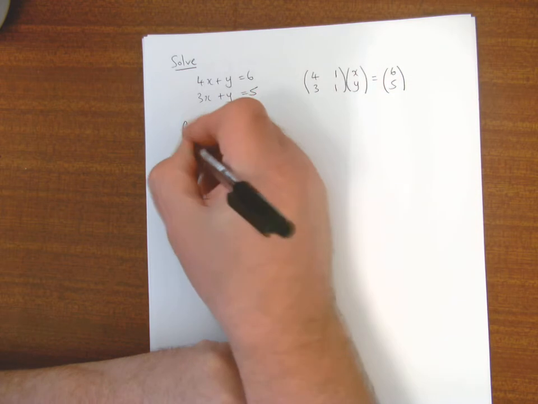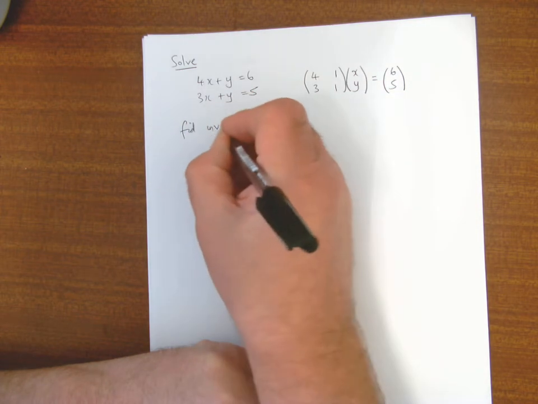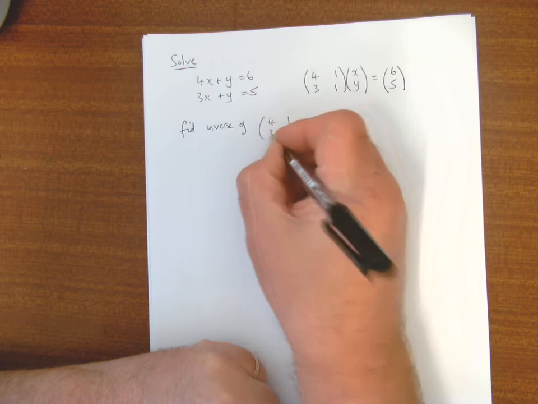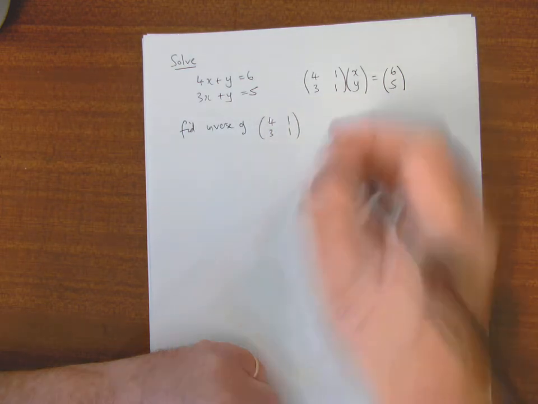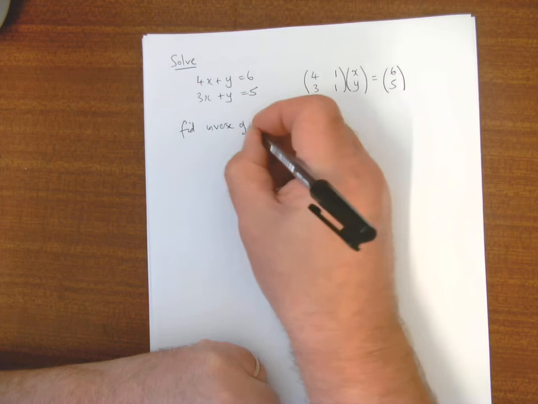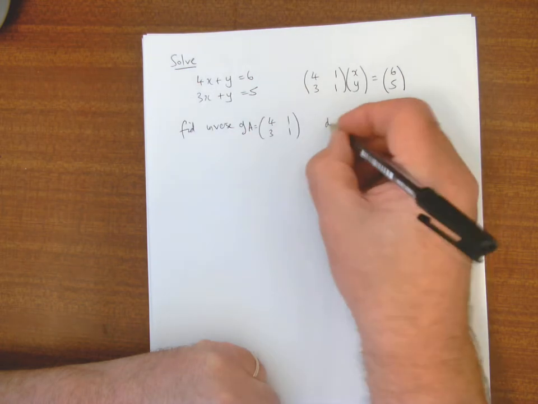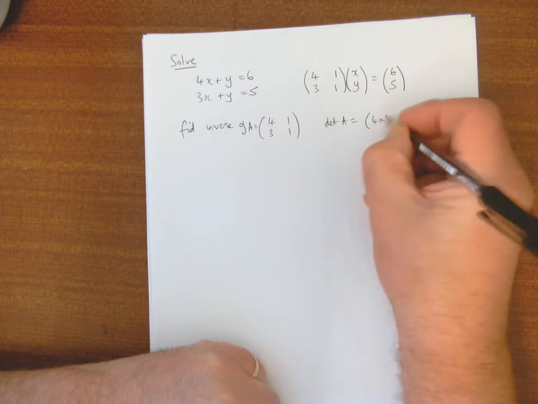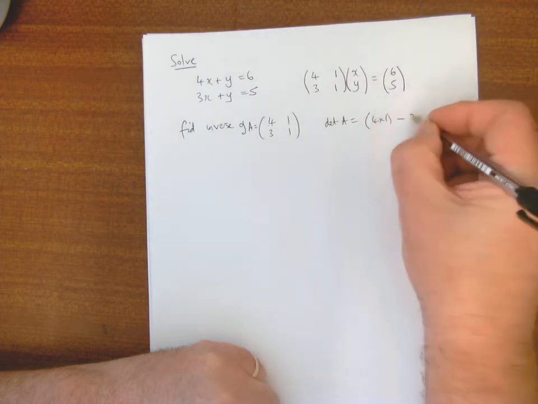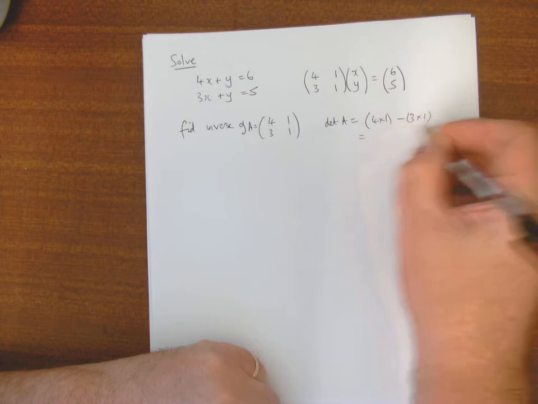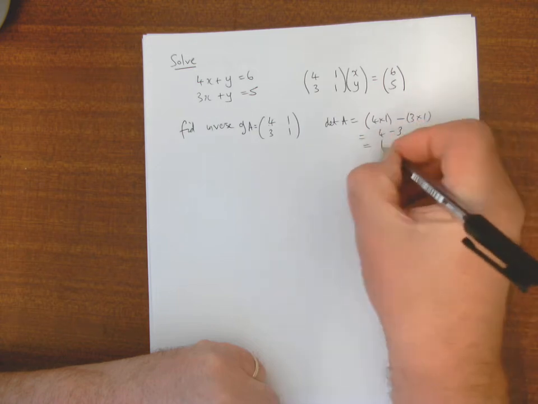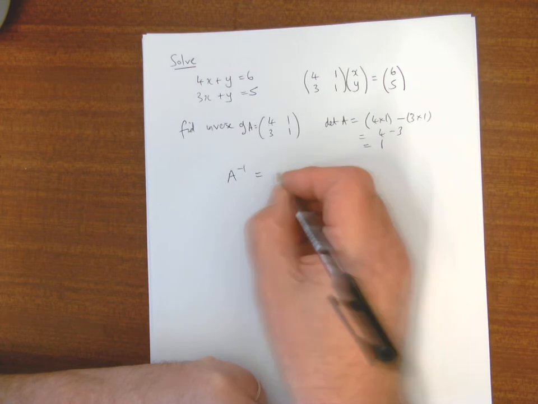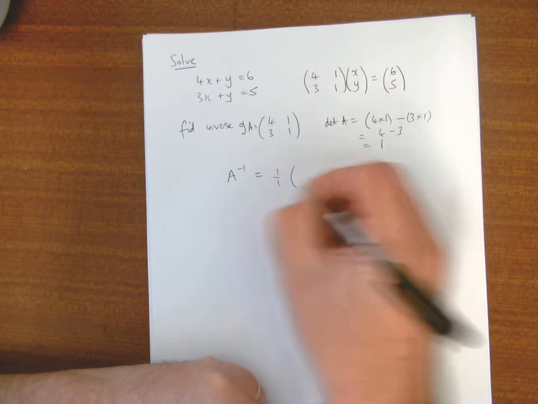And then first job is to find the inverse of 4, 1, 3, 1. Let's call this A. So the determinant of A is 4 times 1, take away 3 times 1, which is 4, take away 3, which is 1. So the inverse of A is 1 over the determinant, so that's 1 over 1.